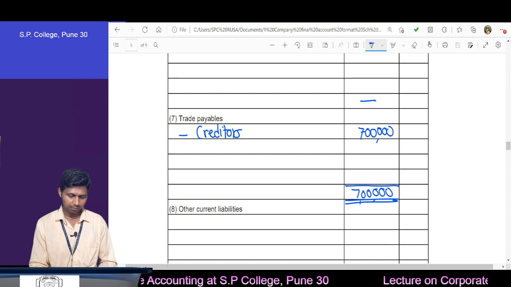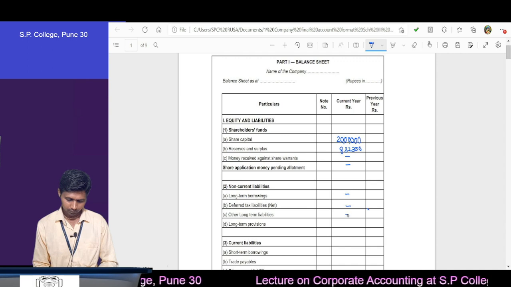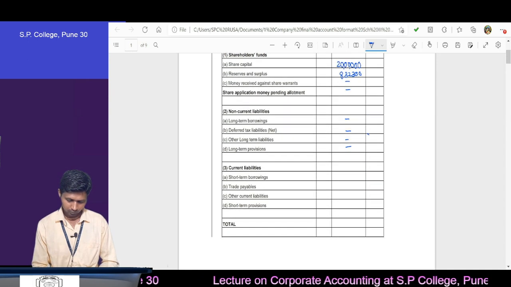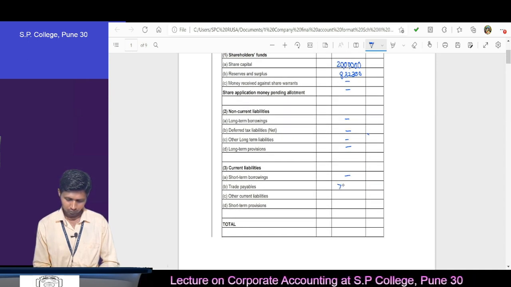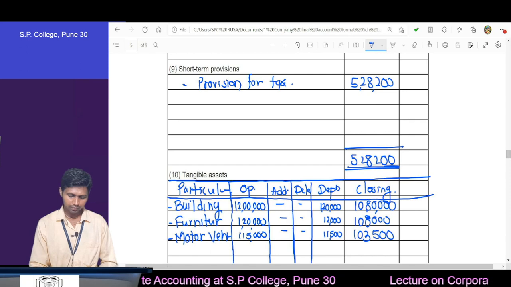Then directly trade payable 7 lakhs. After trade payable, short-term provision 5,28,200.